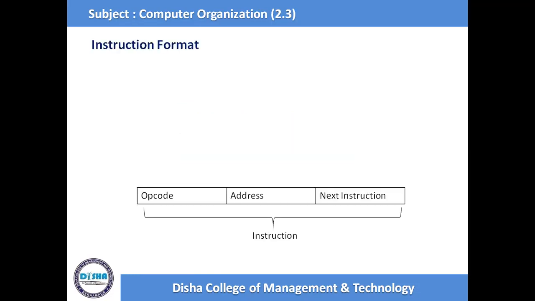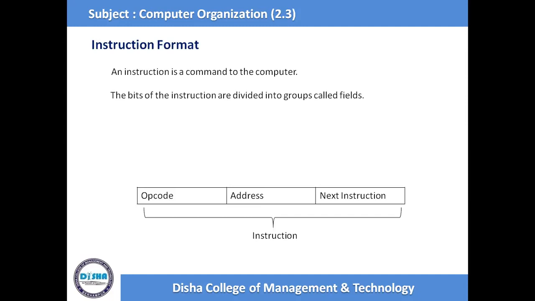So let me describe a few things about instruction format. An instruction is a command to the computer, as you know, because in a computer all hardware units implement the instructions, and it is specified with binary code formats.